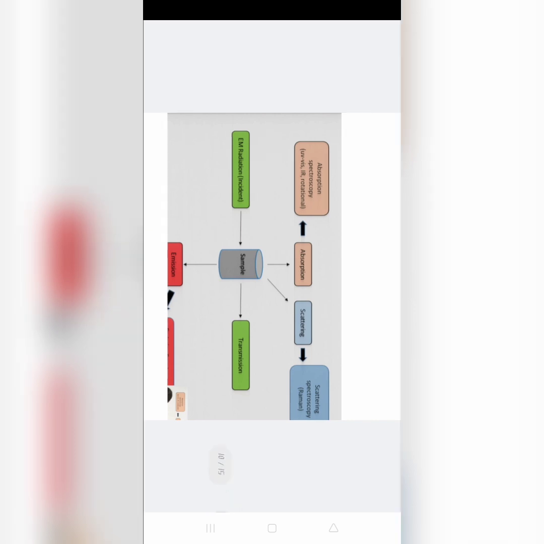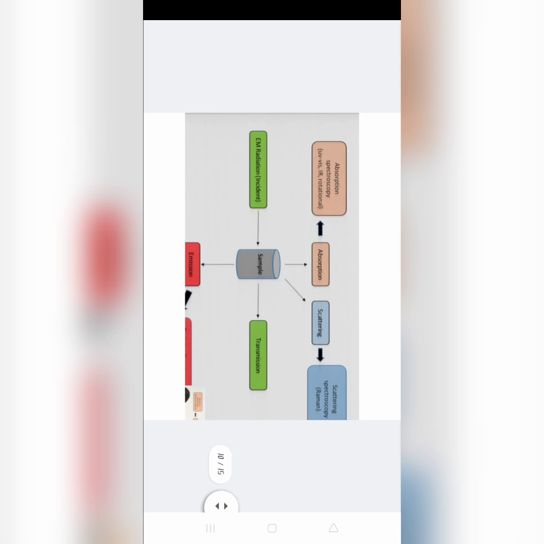And the next option is emission. That means when we pass this electromagnetic radiation through the sample, the atoms get excited into higher energy levels. The electrons jump from one shell to another shell, and the electrons which have jumped to the higher shell once again reach back to the lower shell. When they reach back to the lower shell, they release energy in the form of radiation.